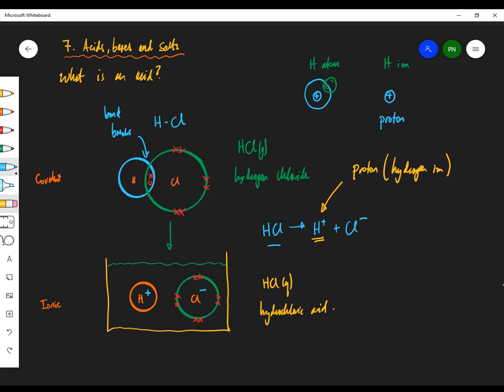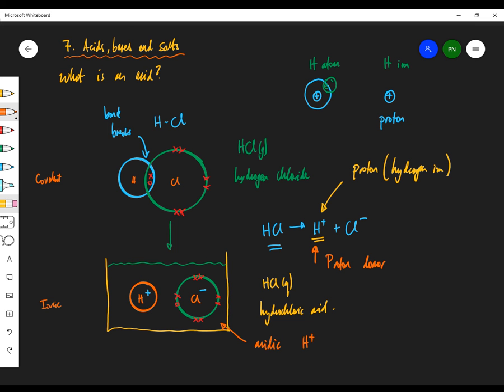Now this HCl has given away its proton, which split up to give a proton and a chloride ion, and that's why a definition of an acid is a proton donor. It donates a proton. And there is the proton. Now this solution is acidic. Why is it acidic?